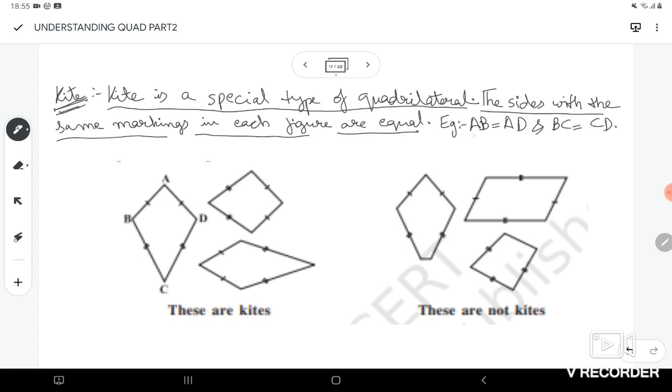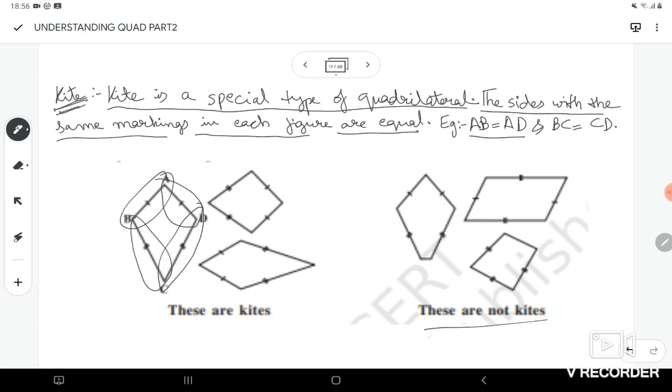For example, AB equal to AD and BC equal to CD. So in a kite, one pair of adjacent sides is equal while the other pair of adjacent sides are not equal.